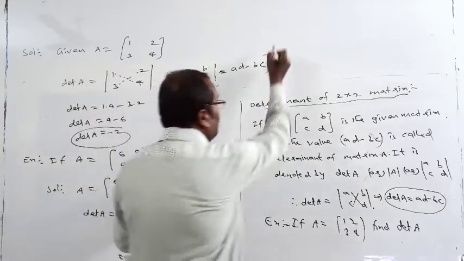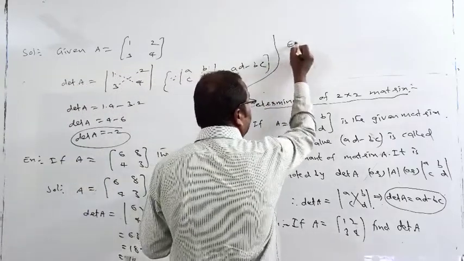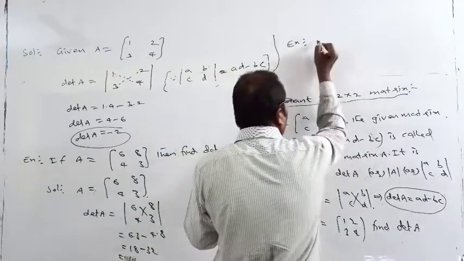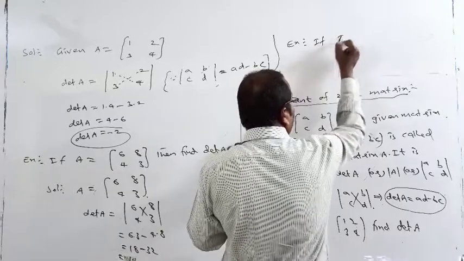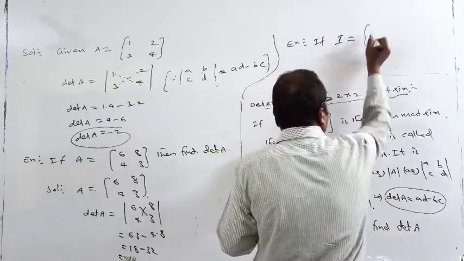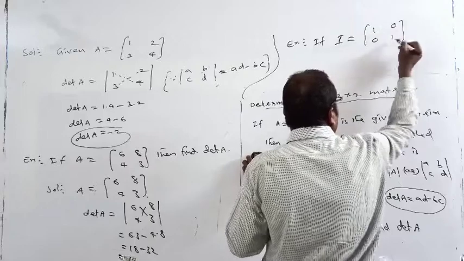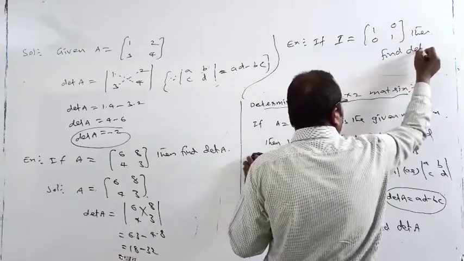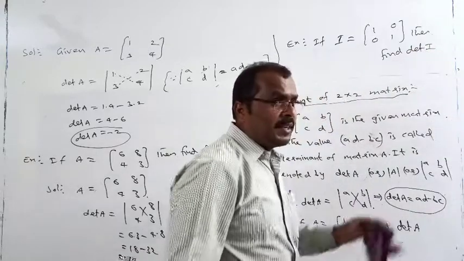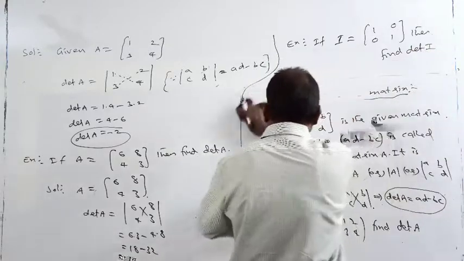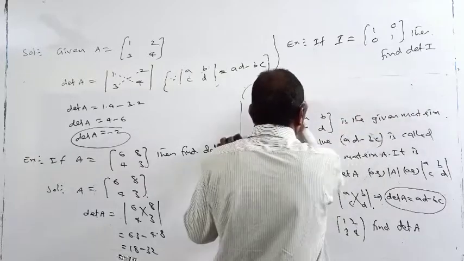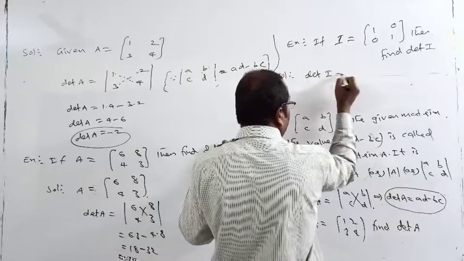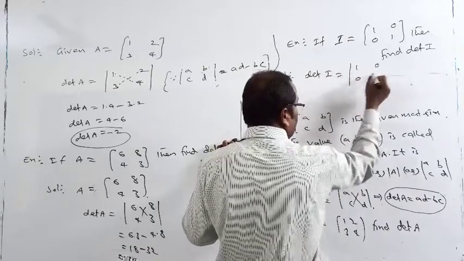So one more example. If I is equal to 1, 0, 0, 1, then find det I. So det I is equal to the determinant of 1, 0, 0, 1.